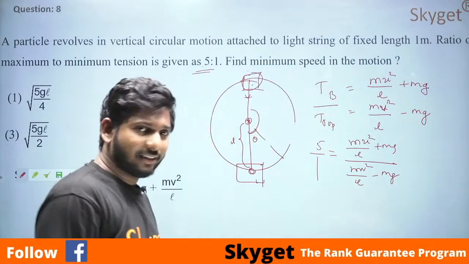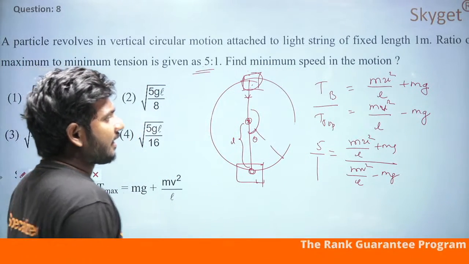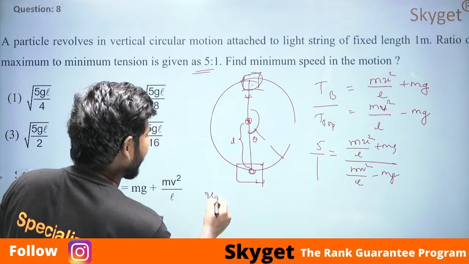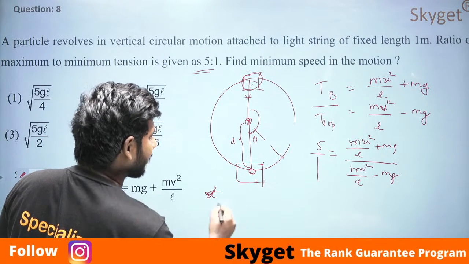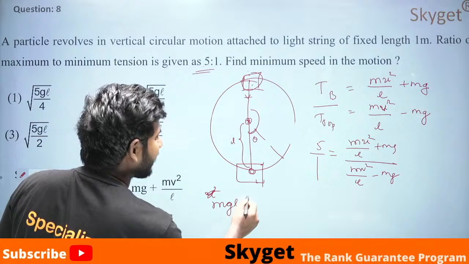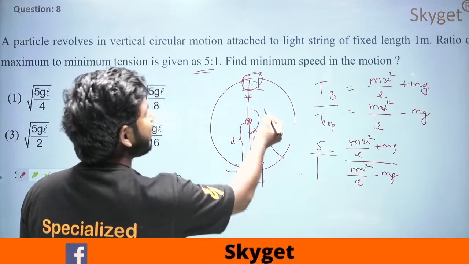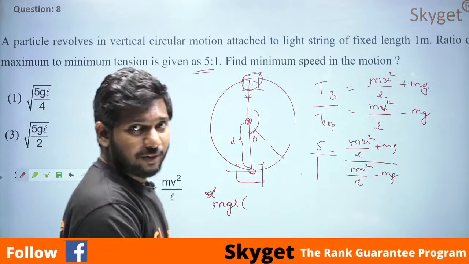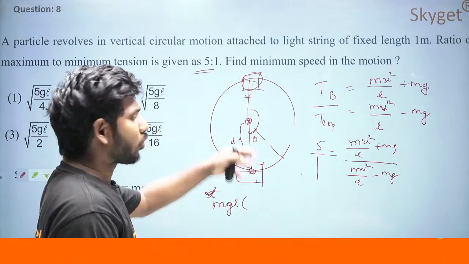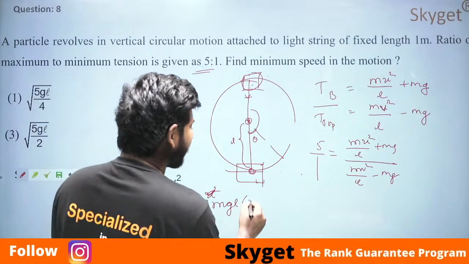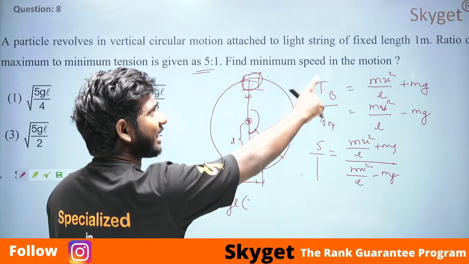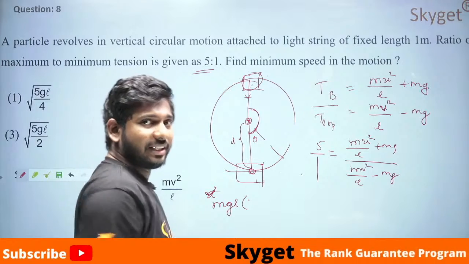But one important relation here, students: mgL into (1 minus cos theta). Otherwise you can write it as Ki plus Pi is equal to Kf plus Pf, conservation of mechanical energy at these two points. So mgL into (1 minus cos theta), where 1 minus cos theta is 2 because it is travelling 180 degrees.